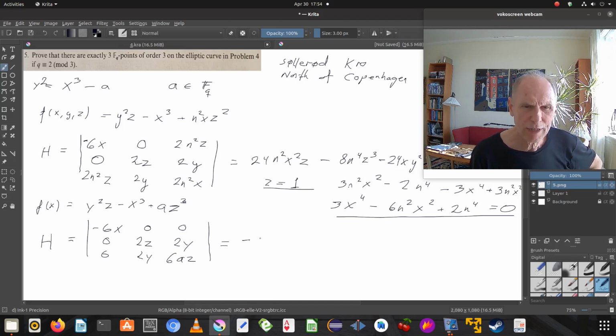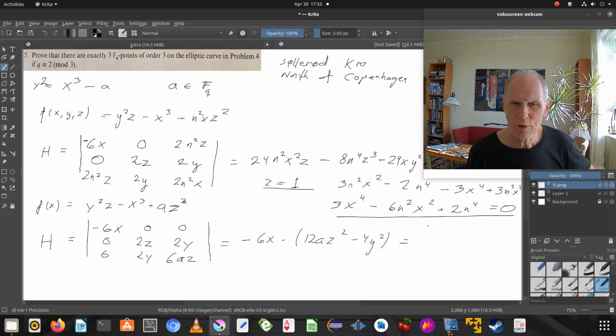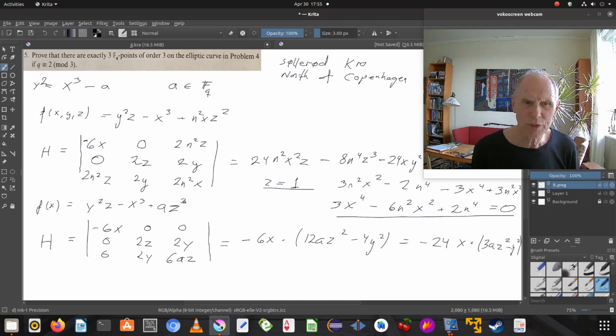So that's minus 6x times 12az squared minus 4y squared. You take 4 outside, minus 24x times 3az squared minus y squared. And then we have to use the equation for y.